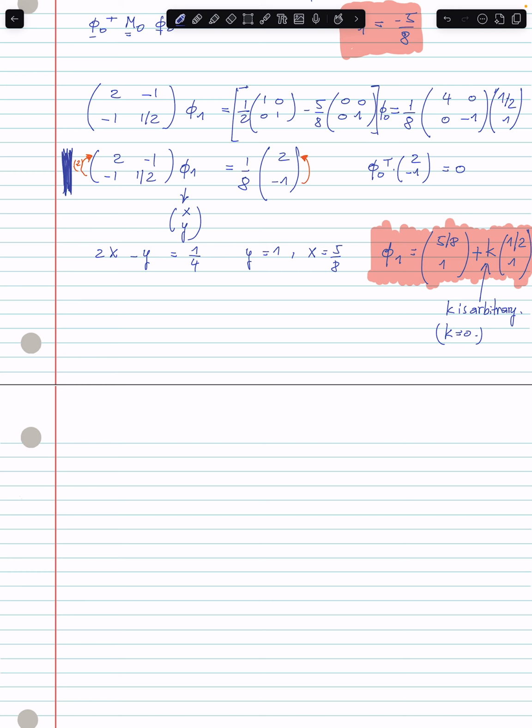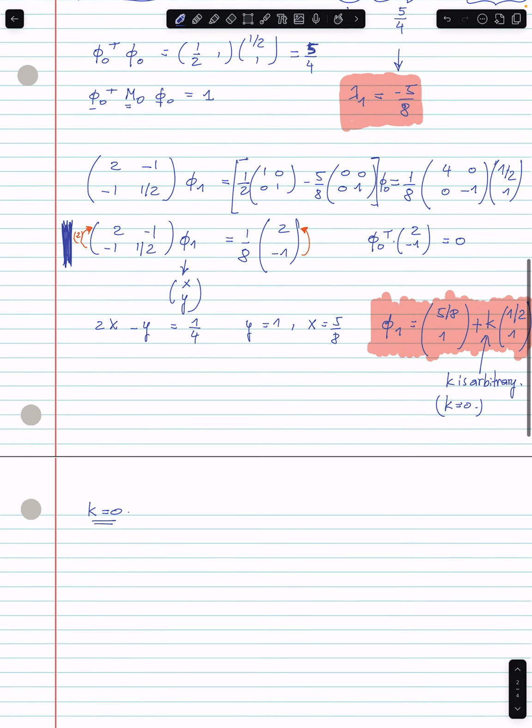It shouldn't be a large number. So if I had chosen, for instance, k equal to 0, I'm going to show you now that no matter what you choose for k, it results in the same eigenvector. That seems to be a little bit paradoxical, but this is what we get.